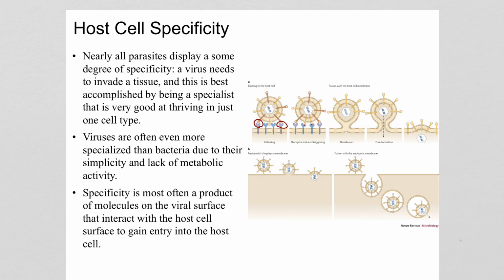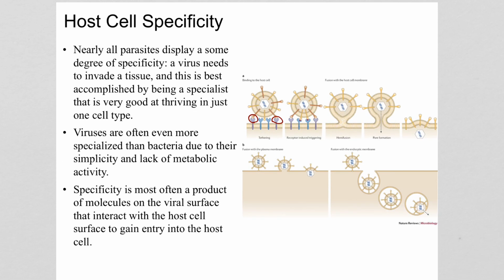So you'll often have a receptor that's unique to white blood cells, even a specific subtype of white blood cells. We'll use the example later of the CD4 receptor with HIV. Only helper T cells have large amounts of that receptor, and that's why they're the only cell type in the body that's strongly affected by HIV.